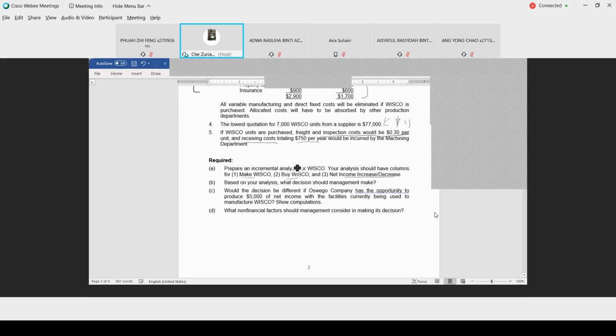Dia just bagi tahu prepare an incremental analysis. So means that if for question 1, if you just do incremental analysis by using relevant cost only, doesn't matter, tak ada masalah pun. But for this question, you must clearly make a column lah for make, buy and the different. Increase or decrease net income. So maksudnya you kena ambil semua cost yang terlibat dan semua cost yang terlibat bila you buy.